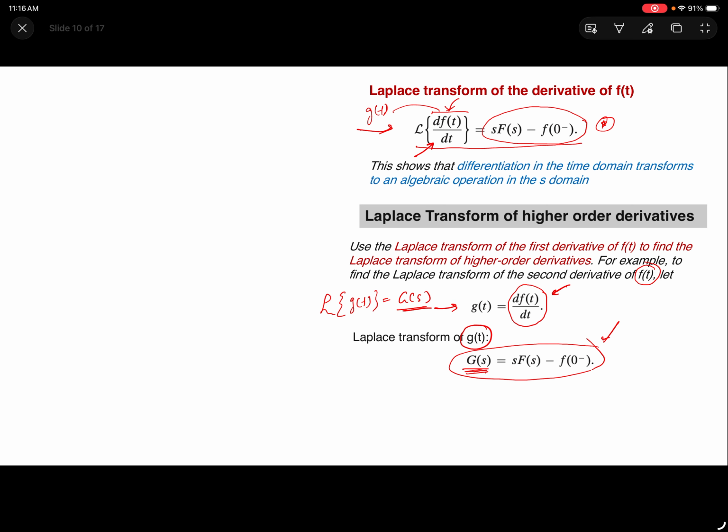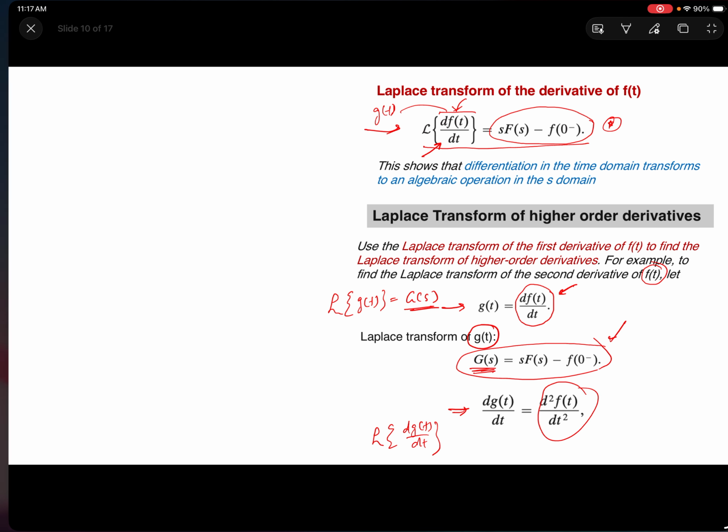However, the reason I represented this by g of t is that it is going to make my life easier, because I'm now going to take a derivative of g of t, which is going to be a second derivative of f of t. So practically, I'm going to do a Laplace transform of a derivative of g of t, which should be a second derivative of f of t.